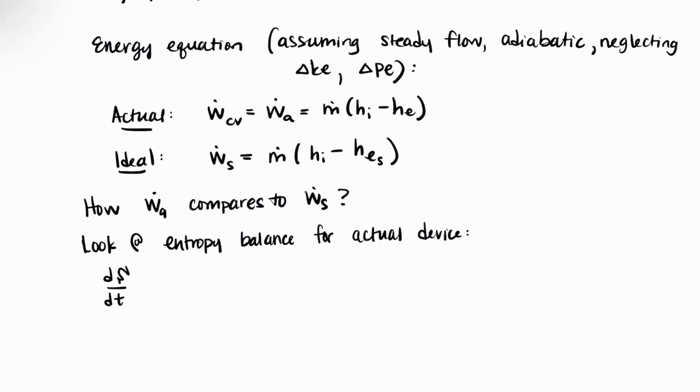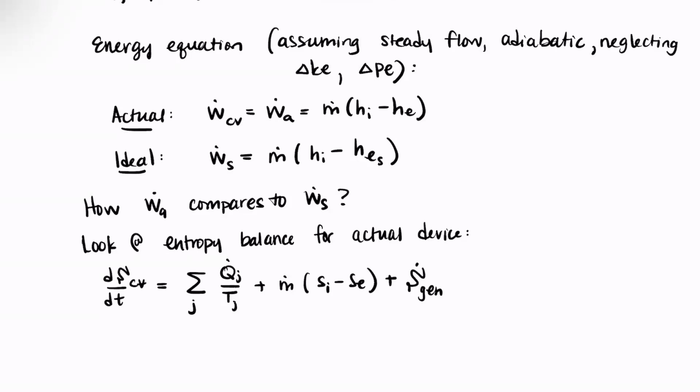Our time rate of change of the total entropy in the control volume is equal to the sum over all the boundary temperatures of Q dot over T for each of those boundary temperatures, plus m dot times (Si minus Se), plus the entropy generation for the system.